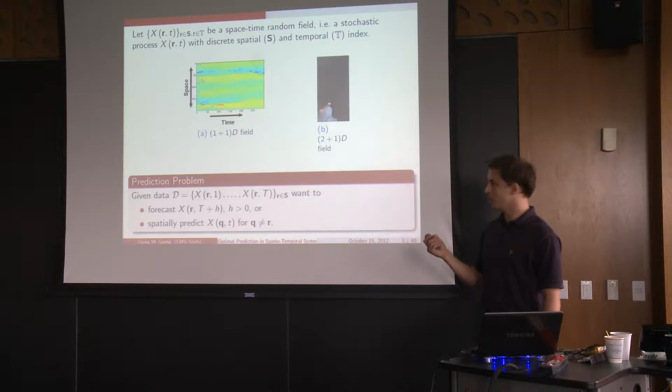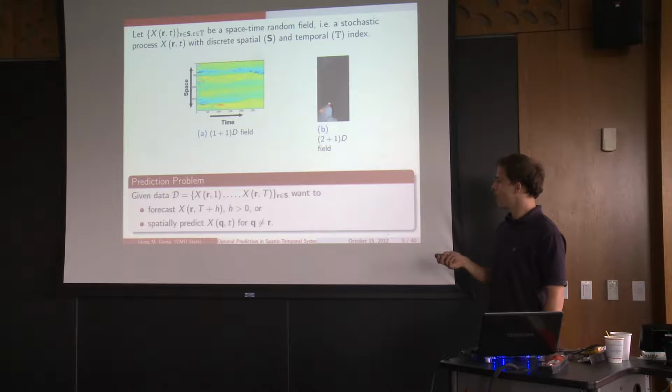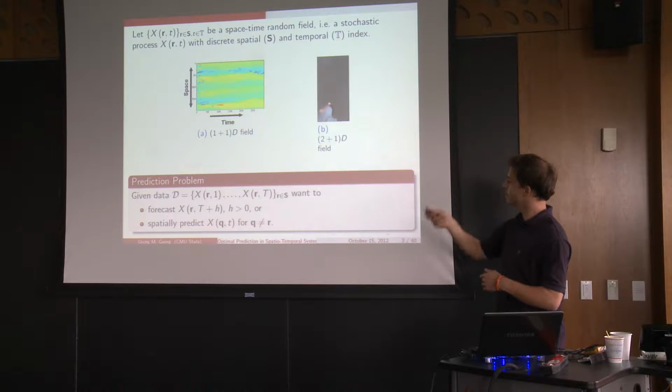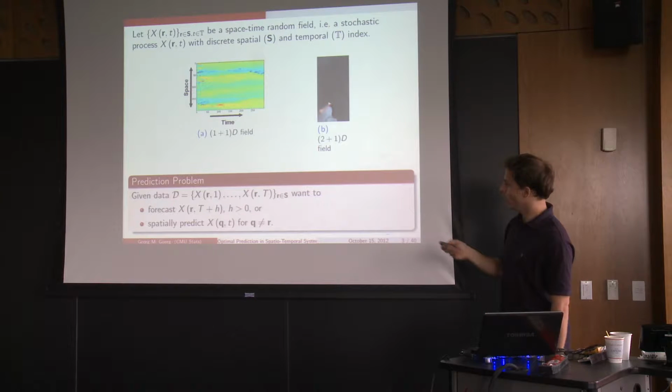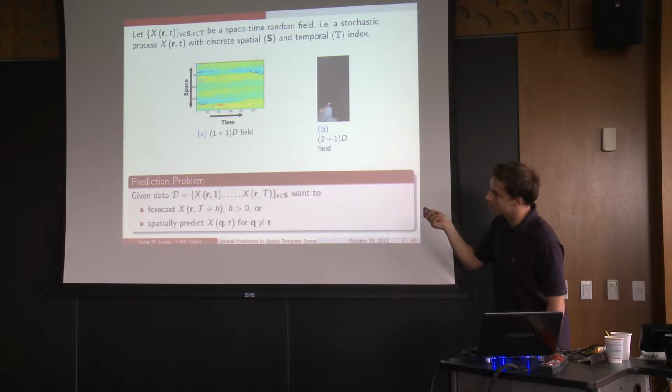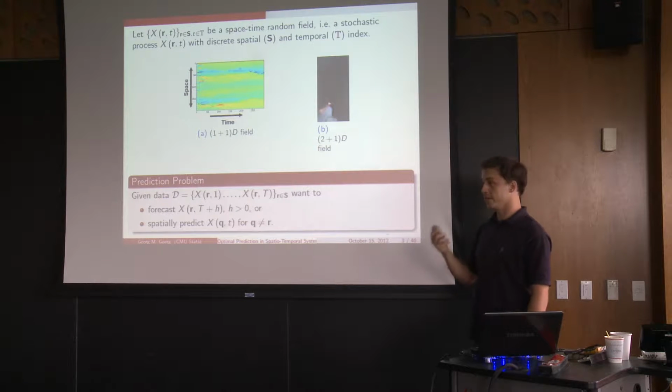And what is the prediction problem? Well, given the data, given this whole image, or given the entire video of that candle, I would like to forecast what this image looks like in the future. So I want to forecast that smoke will rise when I see this. Or maybe also interesting, I cut off this image here. Well, I would like to predict what it looks like on the left. So that's a prediction problem.